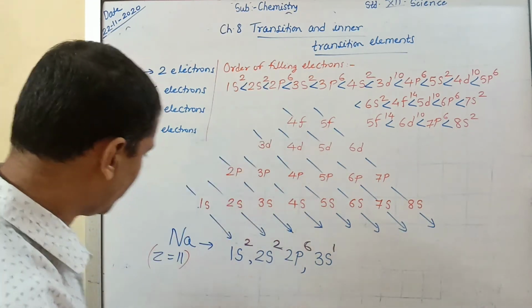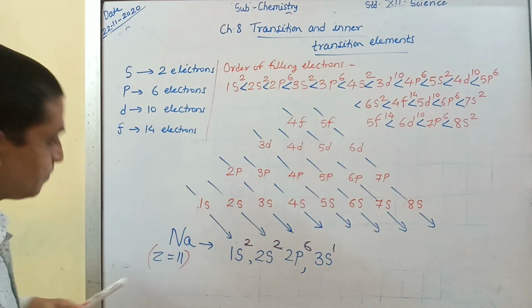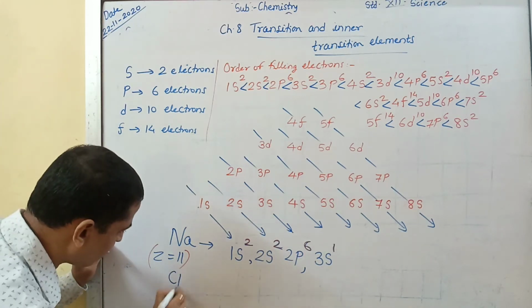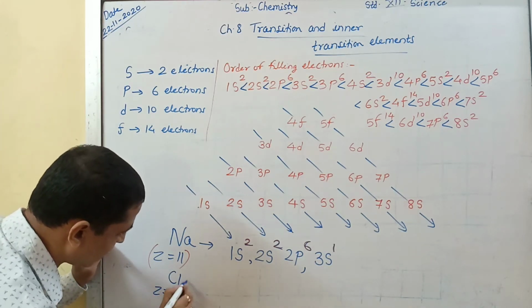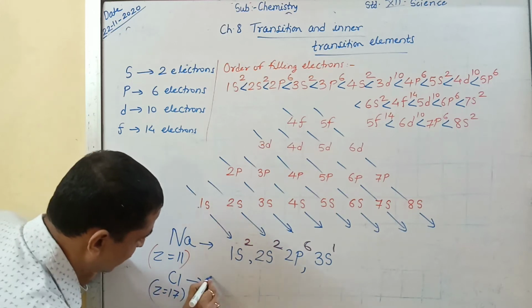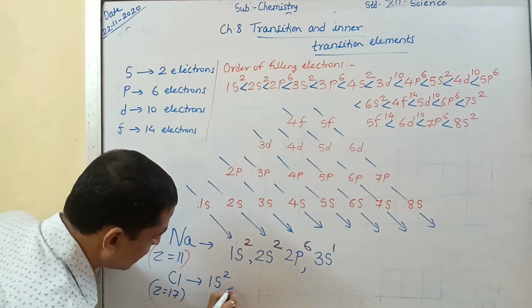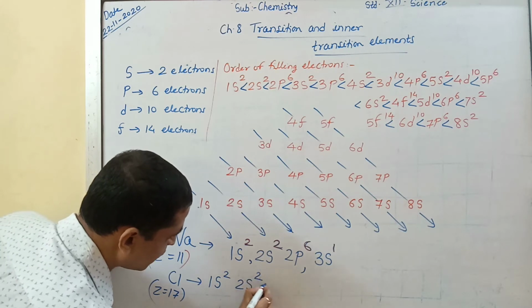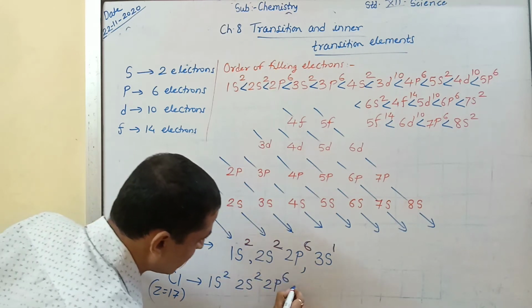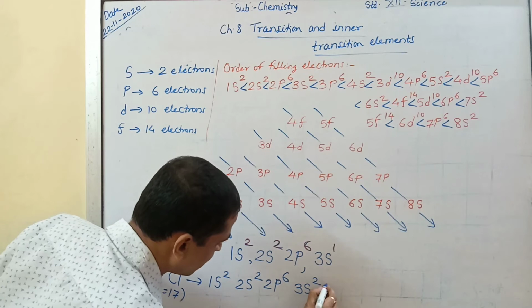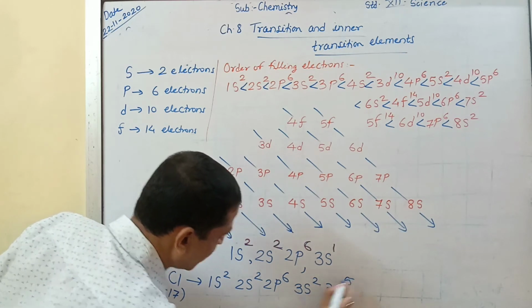Similarly, take one more example, chlorine. Z is equal to 17. Here you get 1s2, 2s2, 2p6, 3s2 and 3p5.